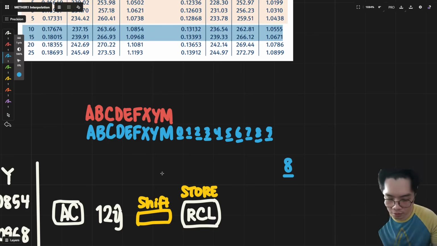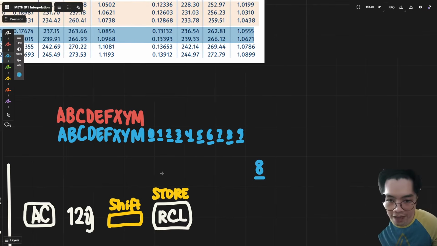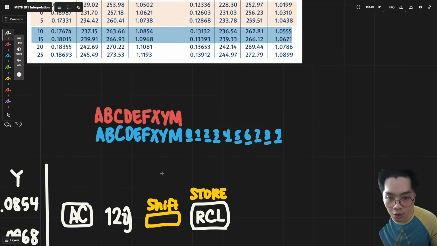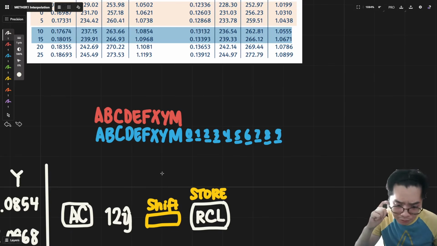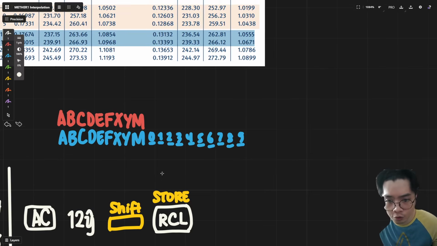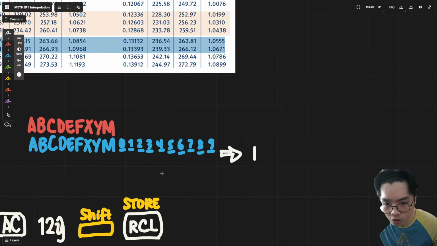And if you want to recall the values for these numbers, you will see that on the Canon, there is no clear shortcut where you will access this value. So for you to access these number values, you should just press recall and then the number.